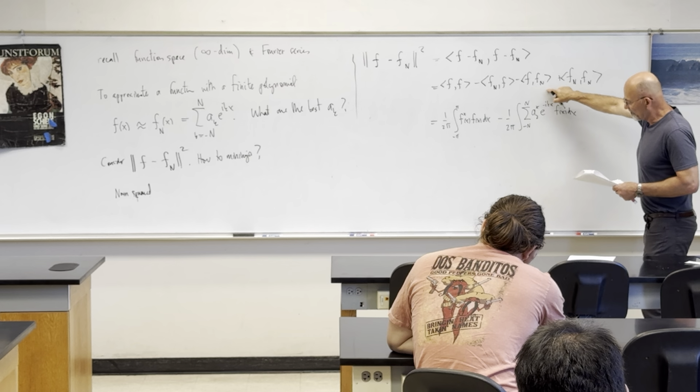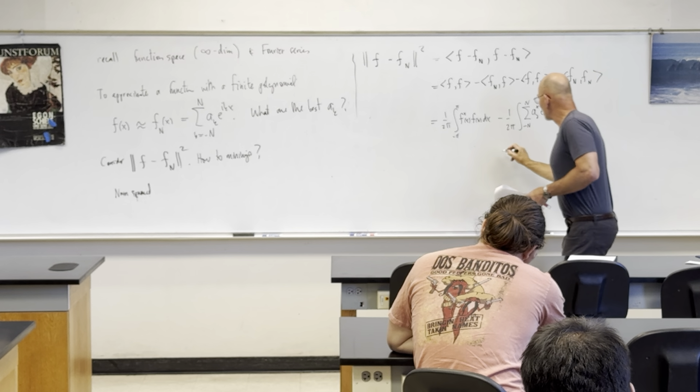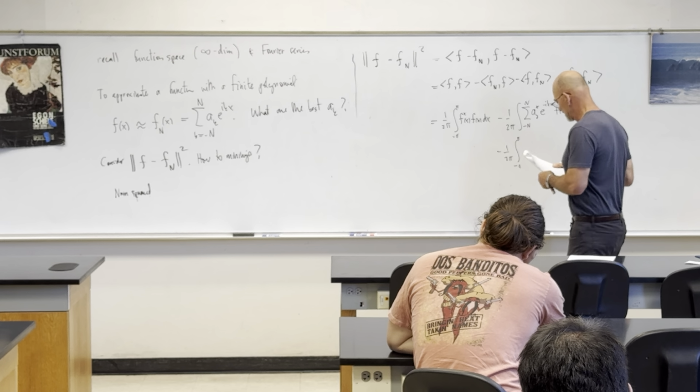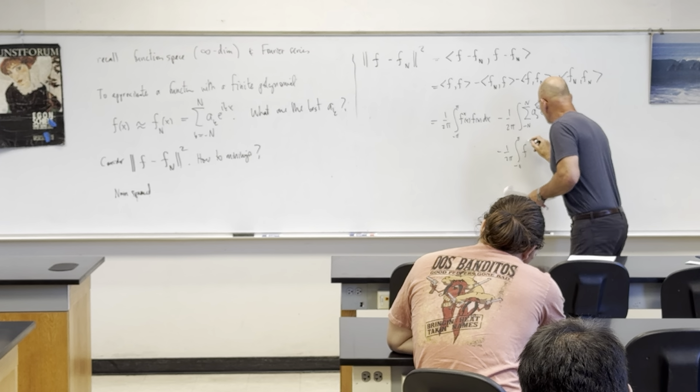The second one is the different order, so minus 1 over 2 pi, integral from minus pi to pi of f star of x times the sum of a sub k e to the I kx dx.